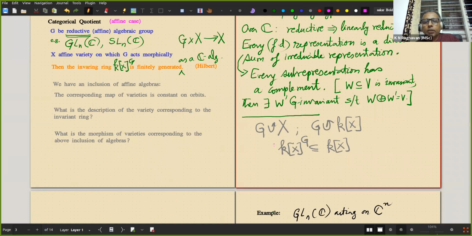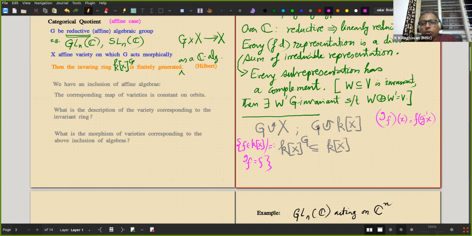So this is by definition all those f in K[X], all functions such that when I act by G on f, I get back f. Recall that the action of G on f is given by (g·f)(x) = f(g inverse x). That's how the action is defined on K[X], and this is the ring of invariants.